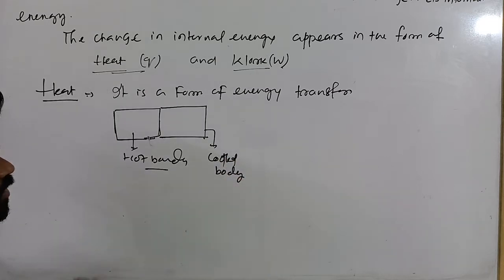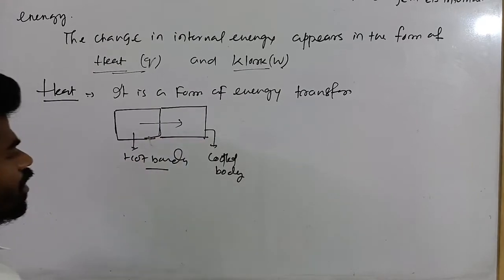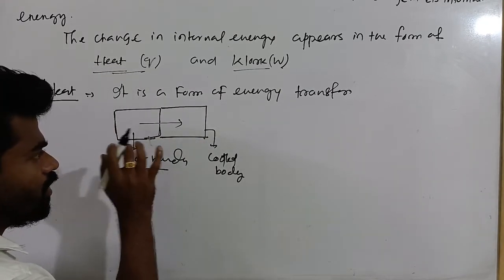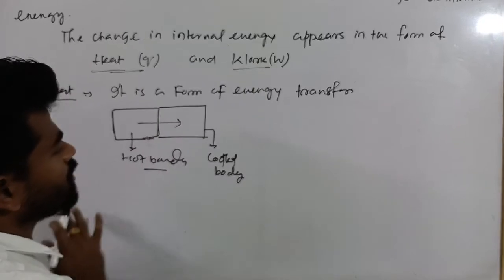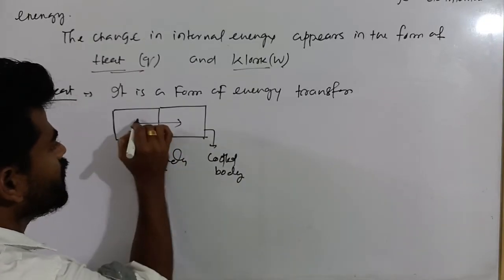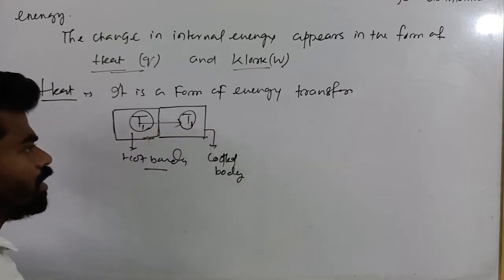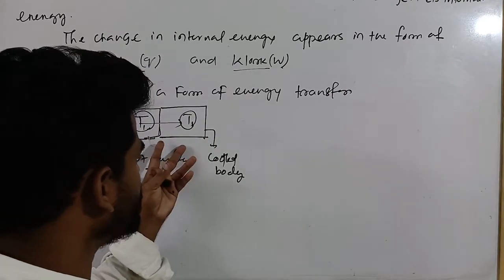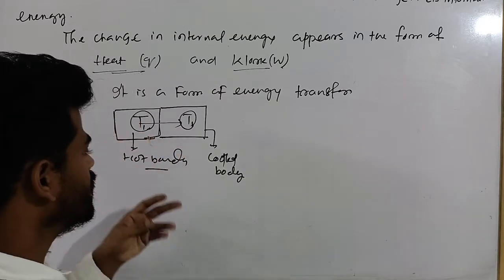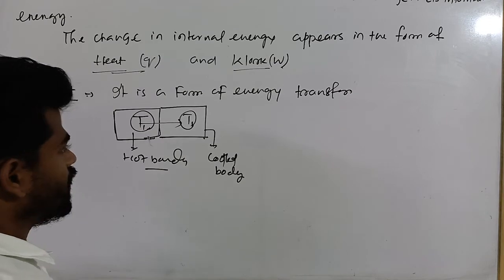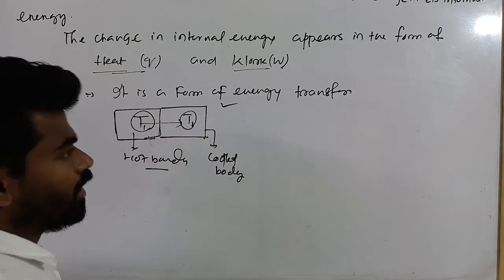So heat will transfer from the hotter one to the colder one. Whenever the temperature of two bodies in contact becomes equal, here T1, here also T1, the heat flow stops. So that's why this is a form of energy transfer.